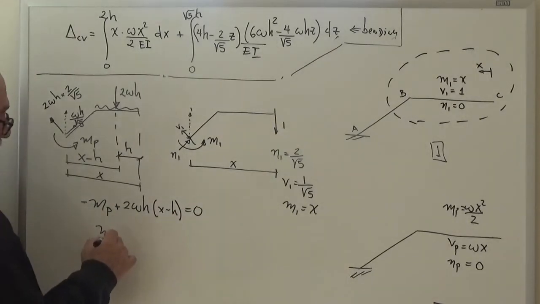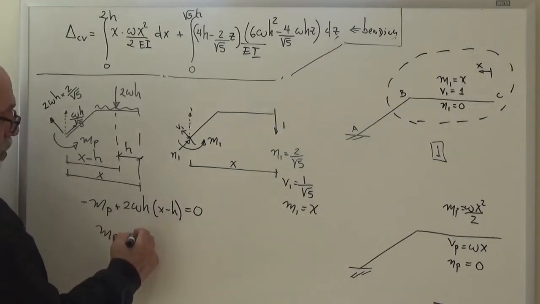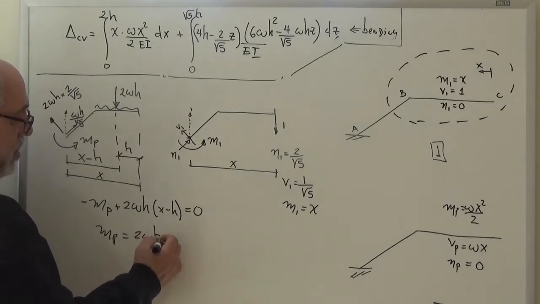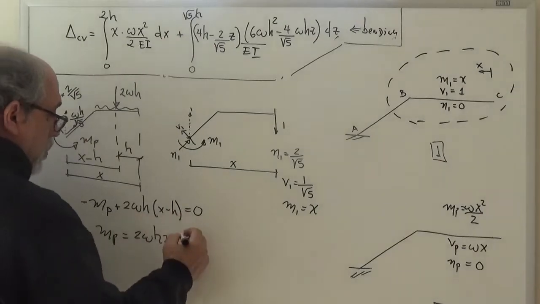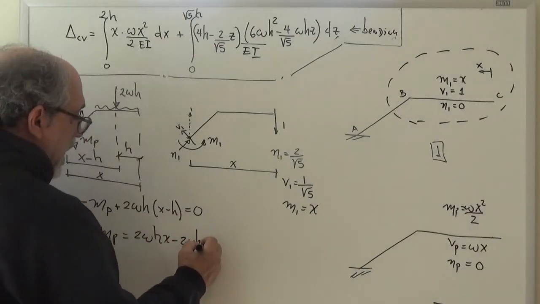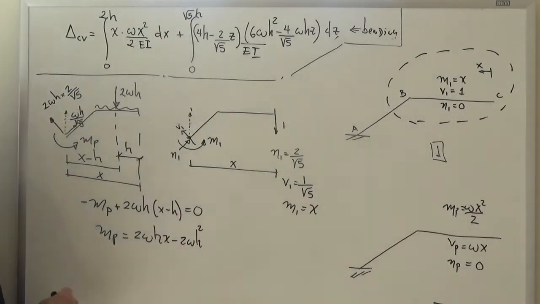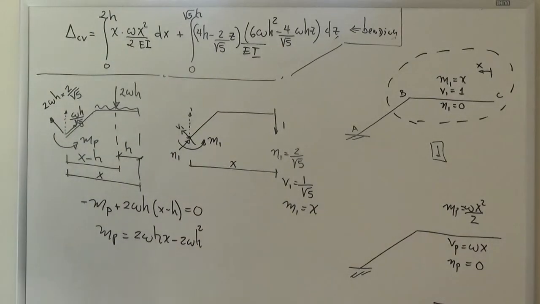Therefore, MP is equal to 2wh times (x minus h). So you can see that the statics became much faster, right?